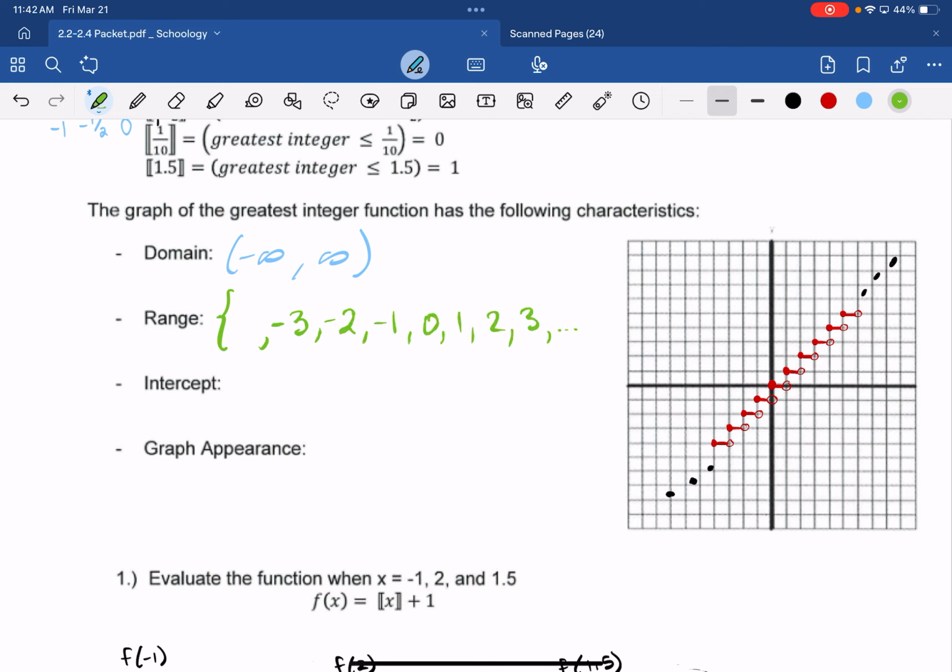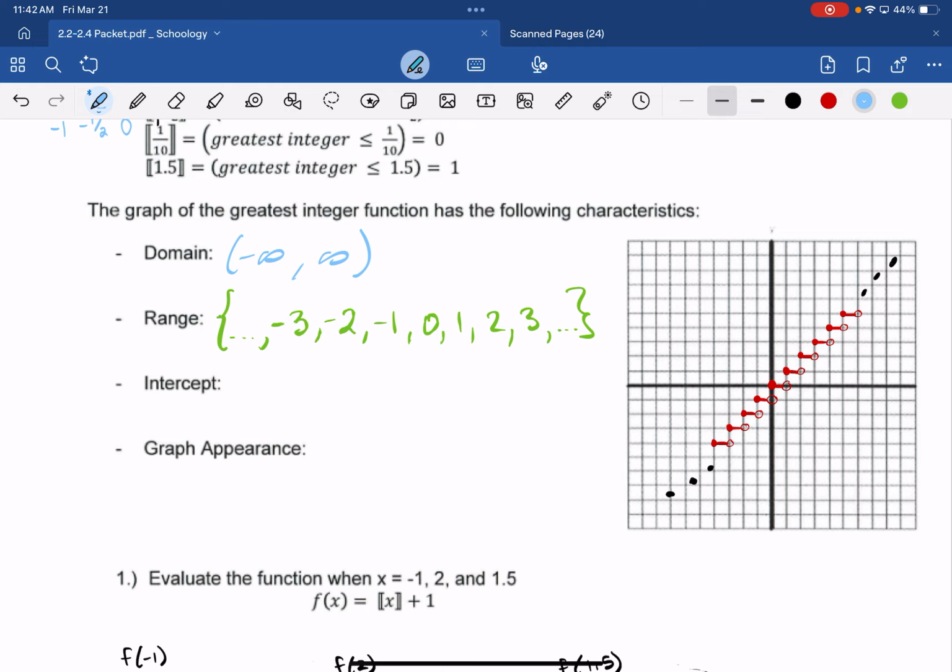And then I'm going to use an ellipsis here to signify that it goes on and on. Okay, but my range is not negative infinity to infinity. Even though this graph goes on and on forever in the y direction, there are breaks happening in between each integer. Okay?